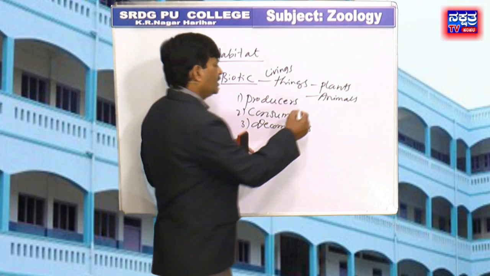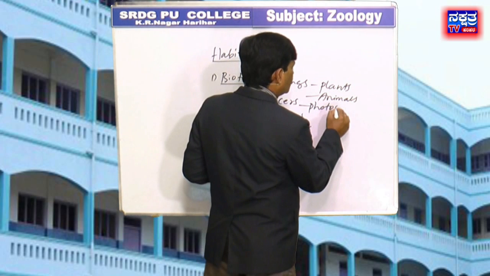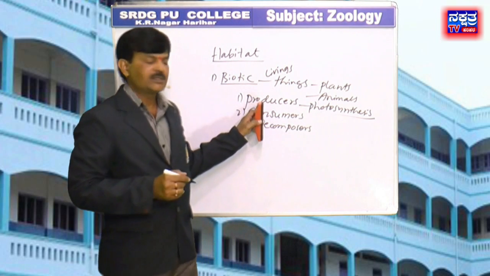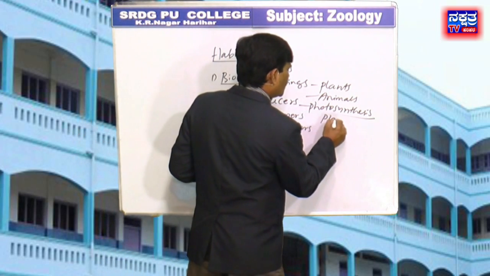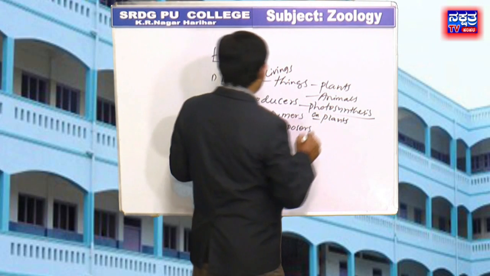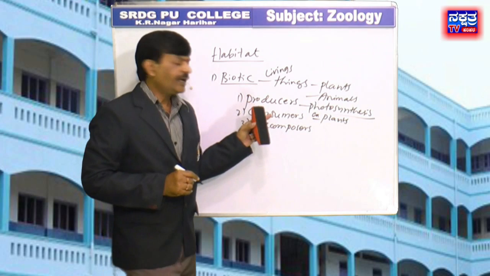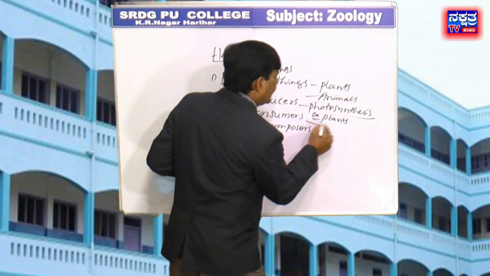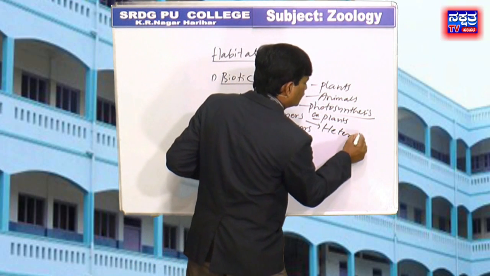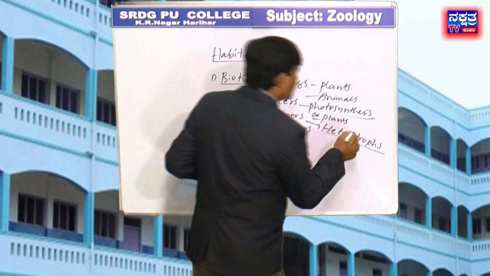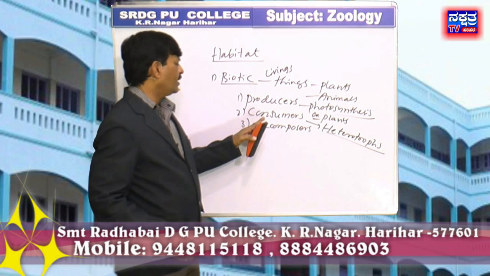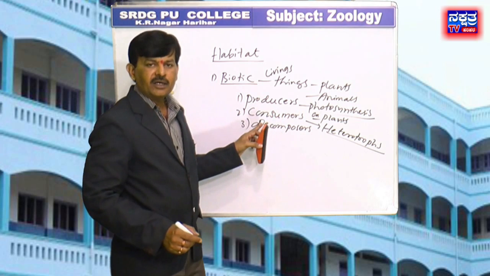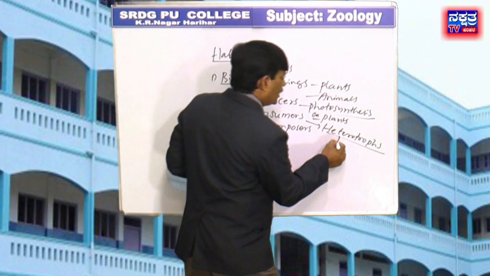That process is called photosynthesis. Hence, they are called autotrophs. For example, plants. Plants are the producers. Similarly, consumers are called heterotrophs. Heterotrophs depend on other animals for their food. Hence, they are called heterotrophs. For example, animals.